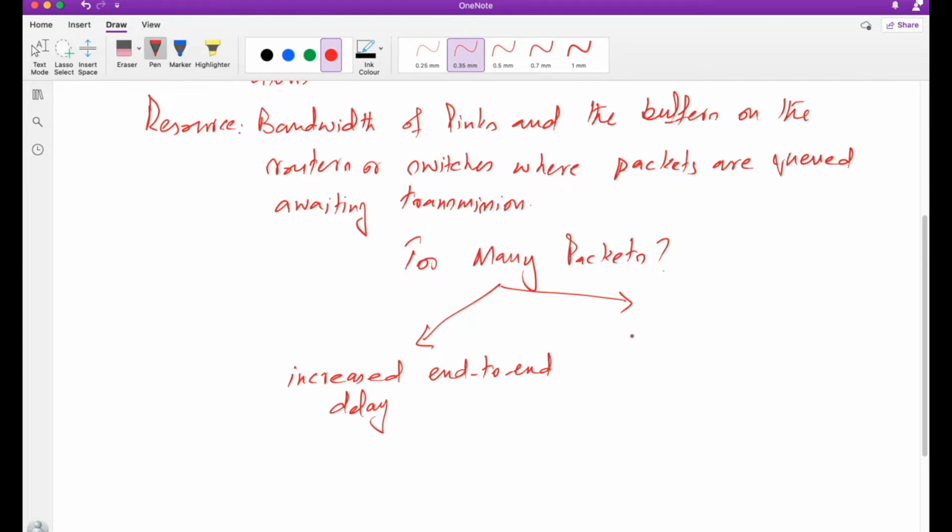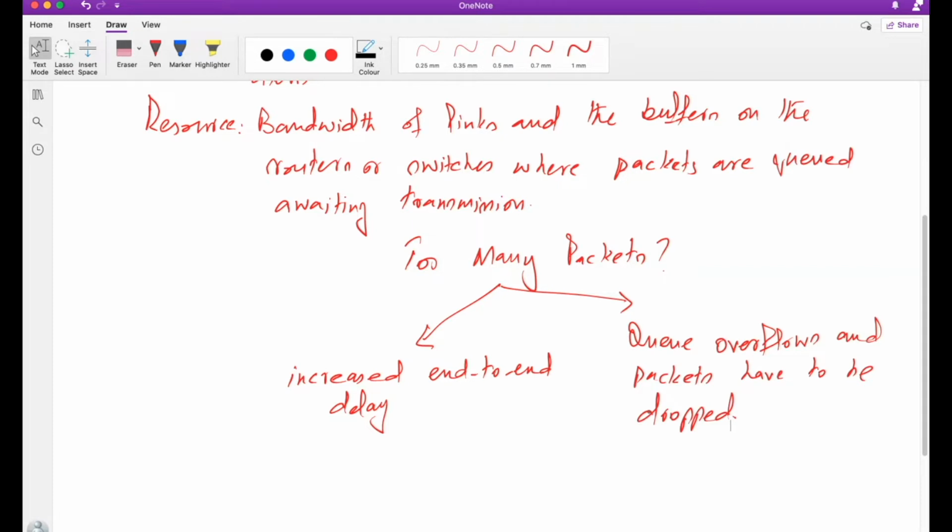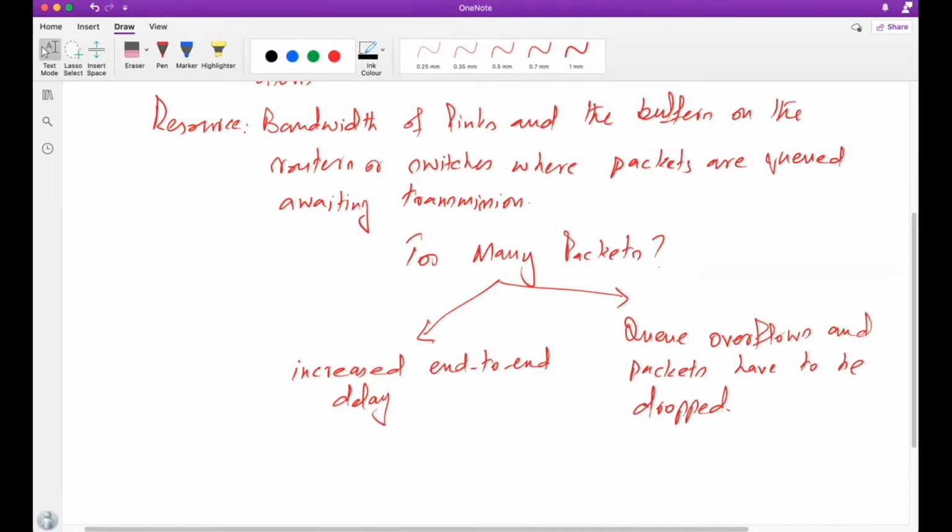So this means queue overflows, and the packets have to be dropped. Right. So this is the problem of managing resources.